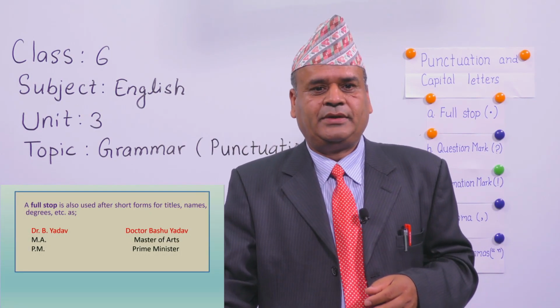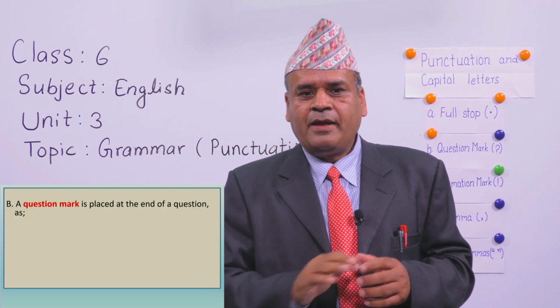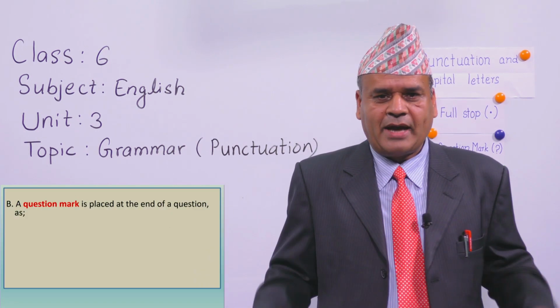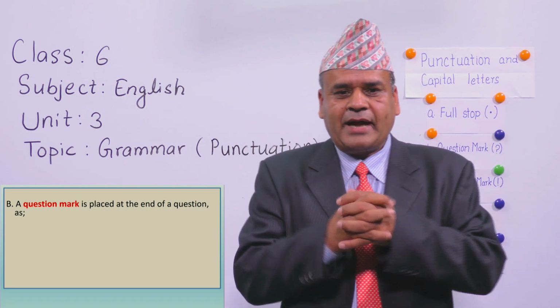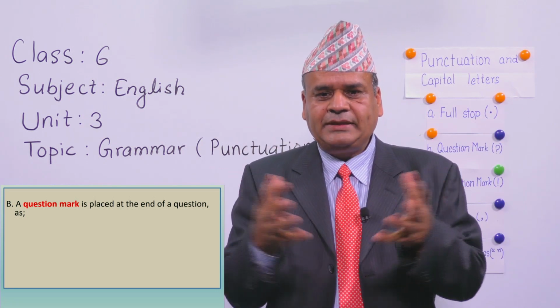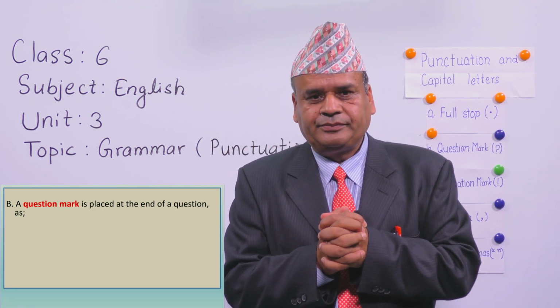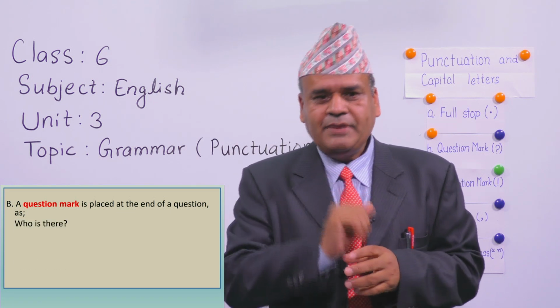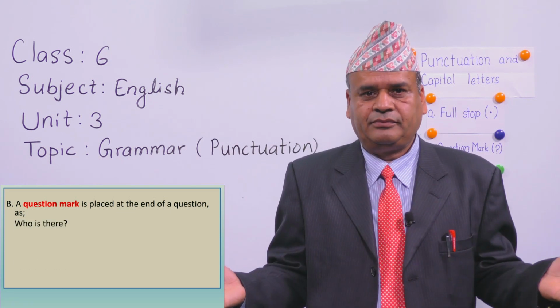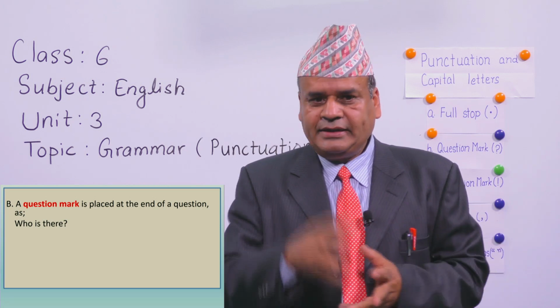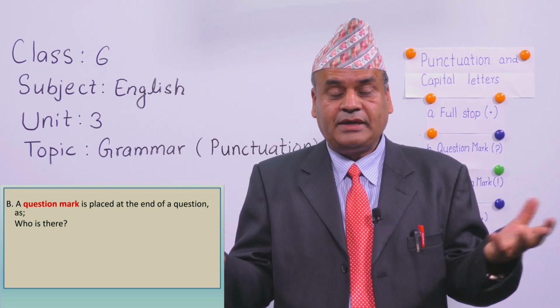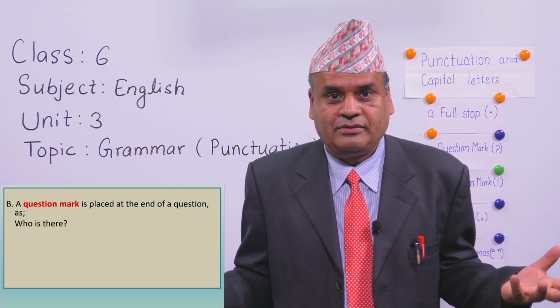All right. So, dear students, let's talk about question mark. Question mark is used or it is placed at the end of a question. For example, you see, who is there? In this sentence, it's a question, you know, who is there? That means somebody is asking this question, right?